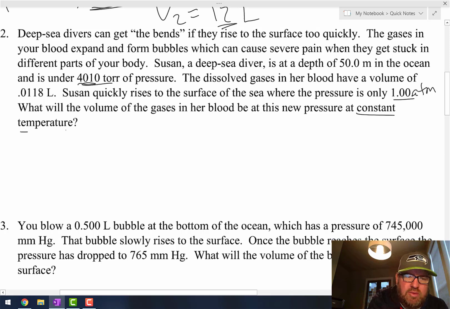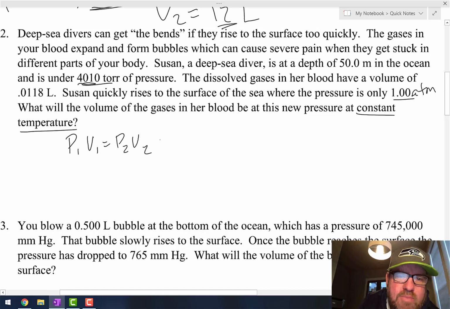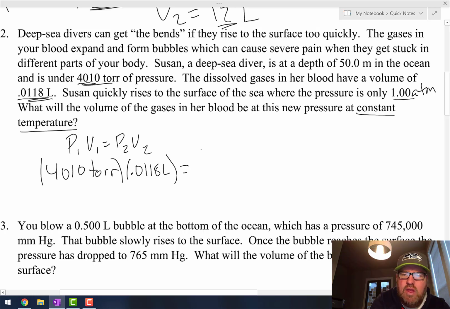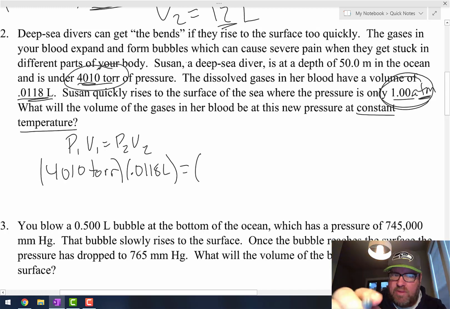So again, the temperature is constant. So again, this is P1V1 equals P2V2. Okay, and so our initial pressure when she's under the ocean is 4,010 torr. The initial volume of those gases in her blood are 0.0118 liters. The final pressure, and sorry, I forgot to put atmospheres in there, is atmospheres, but this is torr, so we want to make them the same.